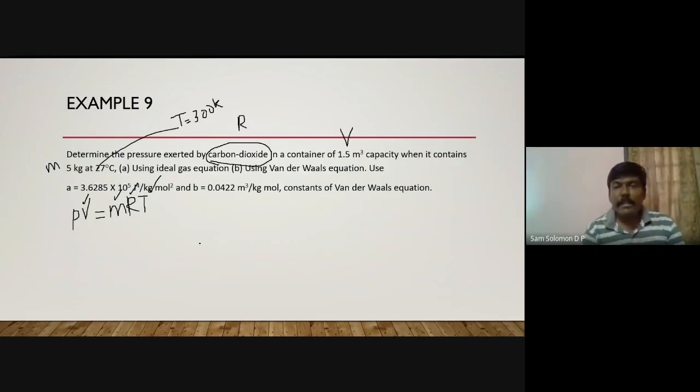What about the van der Waals equation of state? As I have already mentioned, you have to be a little bit careful here. It is P plus A by V bar squared. Don't forget that it is V bar. Don't be in a hurry and write it as V squared. It is V bar squared, multiplied by V bar minus B, equal to RU into T. What are the known values here?